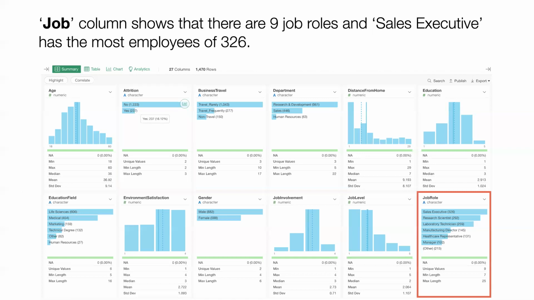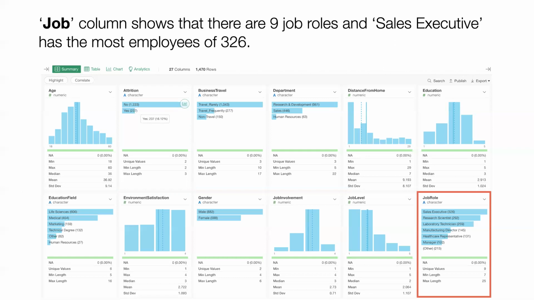And the job role, in this case, when you look at the unique values, it says 9. So that means there are 9 job roles in this data. But the bar can show only the 6 most frequent job roles.